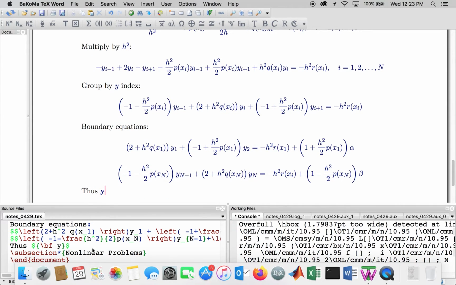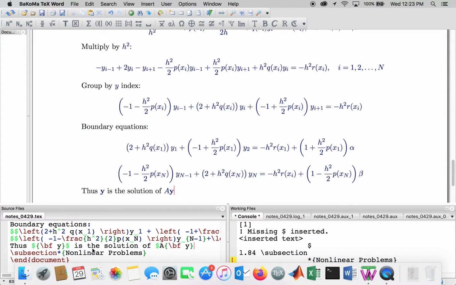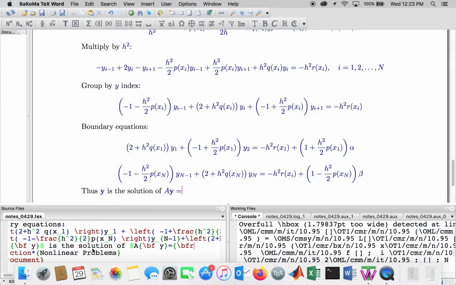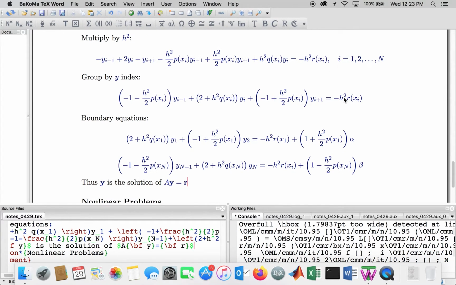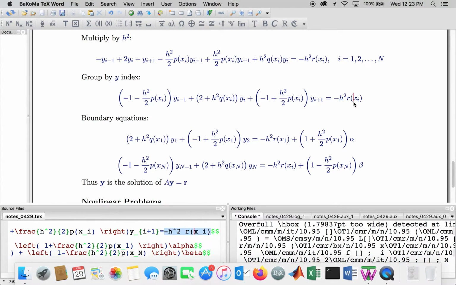So our vector of y values, the solution of a system of linear equations, Ay is equal to r, where the components of r are given by what's on the right side of these equations. So this is the first component, r1. This is the last component, rn, and every other component of r, ri, is given by this right-hand side.